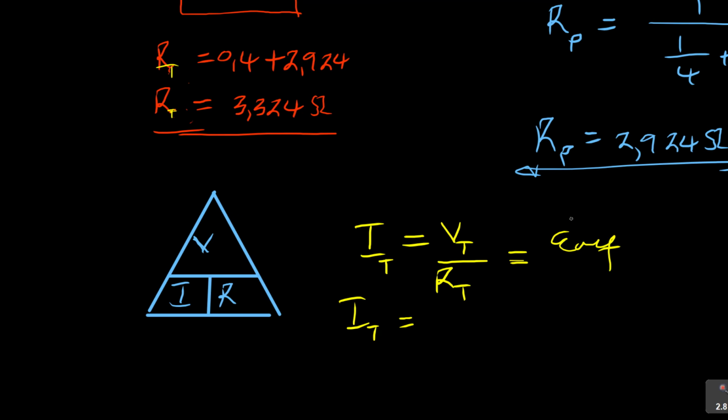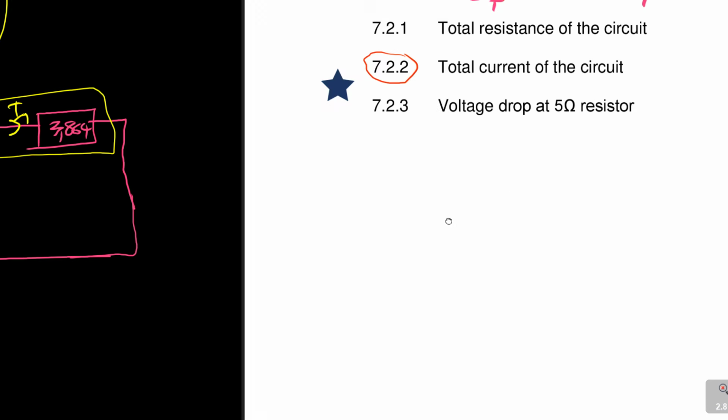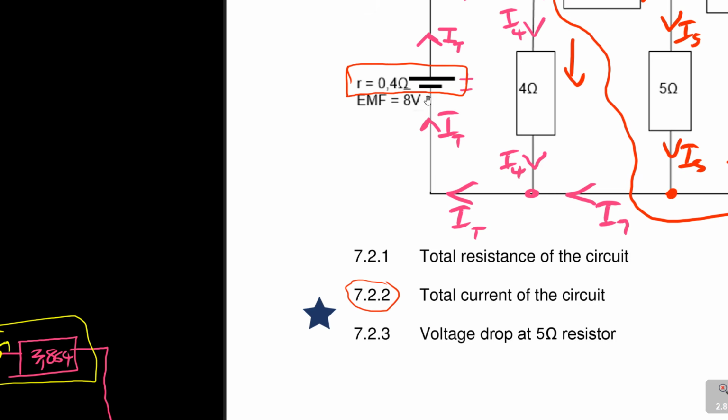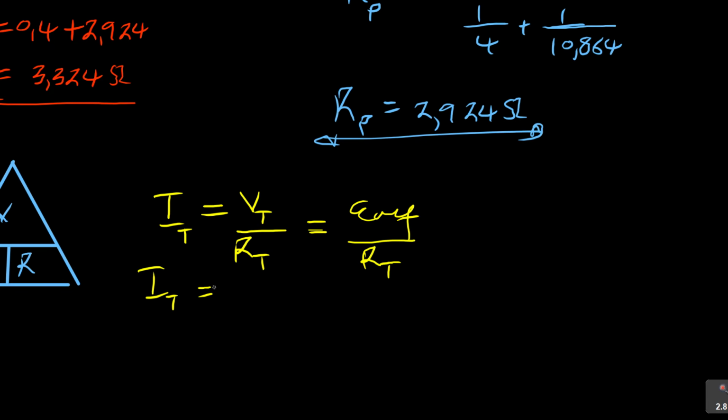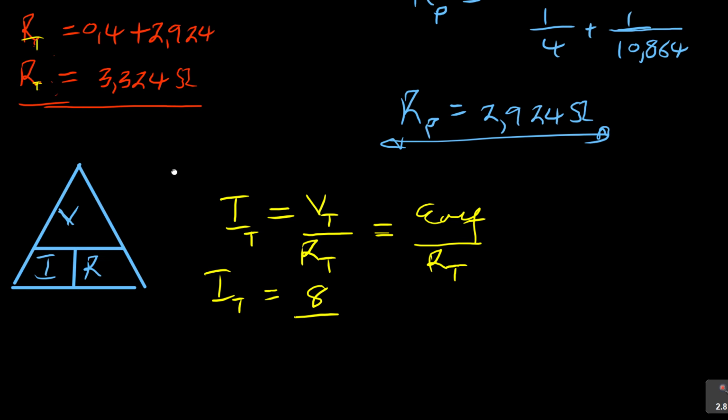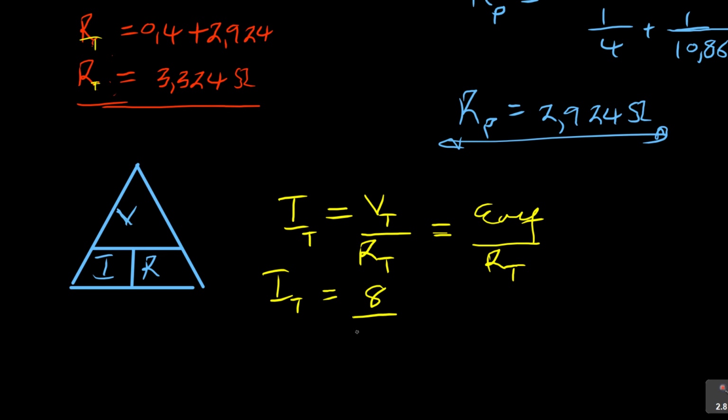This is the voltage when the cell is not functioning. The total voltage that you can get is the EMF. So that's your EMF over RT. Sometimes they use the word R equivalent. Are you with me? So let's go and look for the EMF in our cell. They told us that the EMF was 8 volts there. And then we know the other part. So we know it's 8 over RT, which comes back to that 3.324.